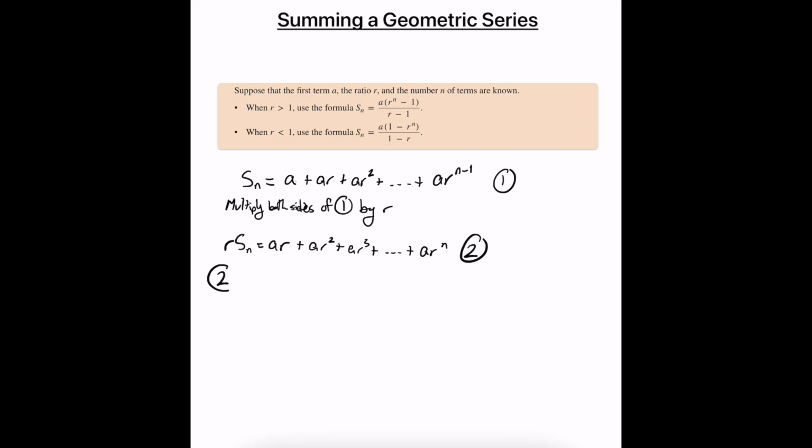Now if we do equation 2 minus equation 1, what we get is rSn minus Sn.